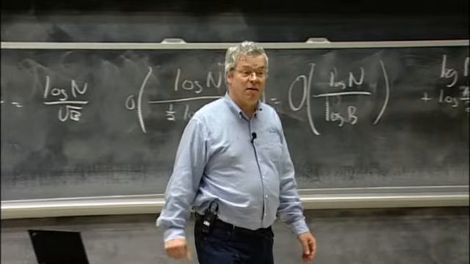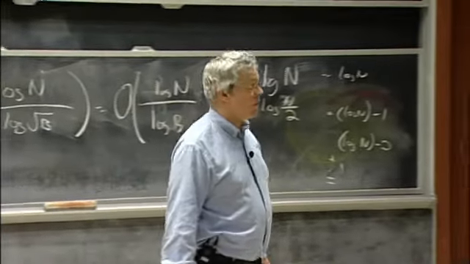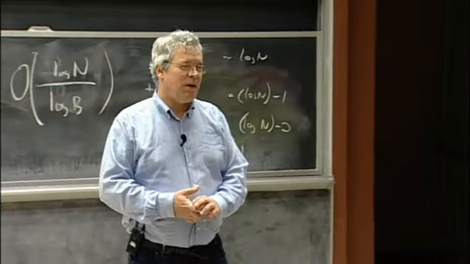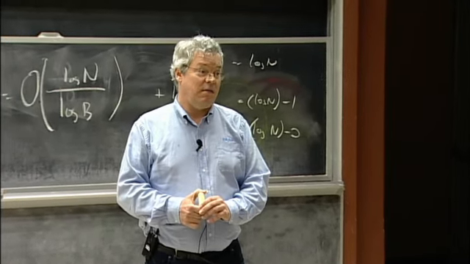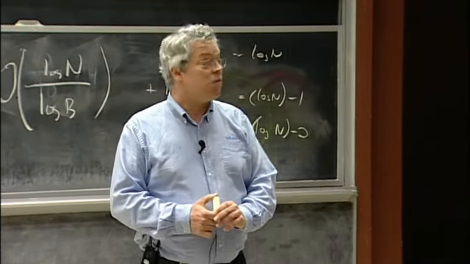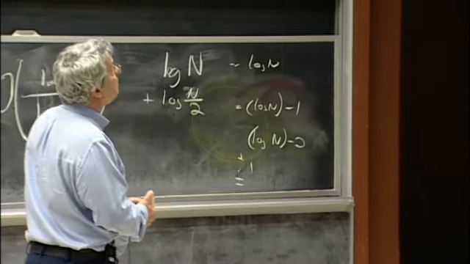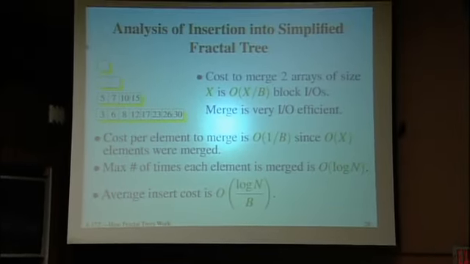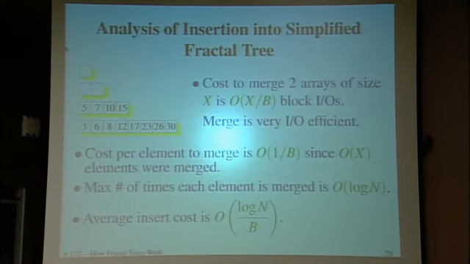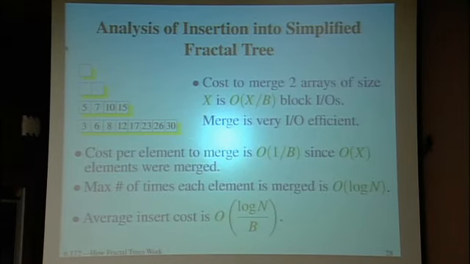So first, let's analyze what the average cost for this data structure is. I've just explained why there are some really bad cases where you're doing an insertion and it's expensive, but on average, it turns out it's really good. The reason is that merging of sorted arrays is really I/O efficient, because the merge is essentially operating on that append data structure. We're reading 2 append data structures and then writing the answer into another append data structure, and that's hardly any I/O.